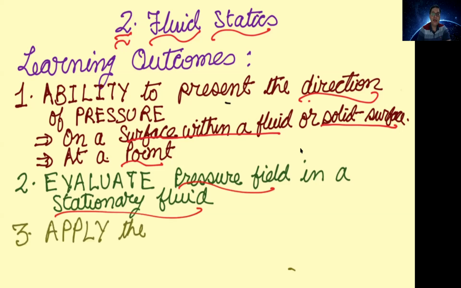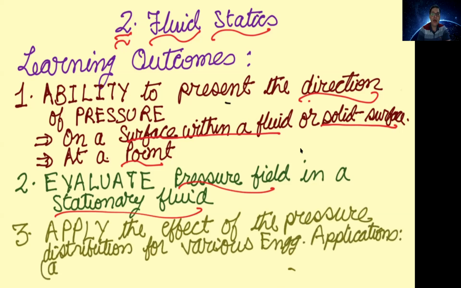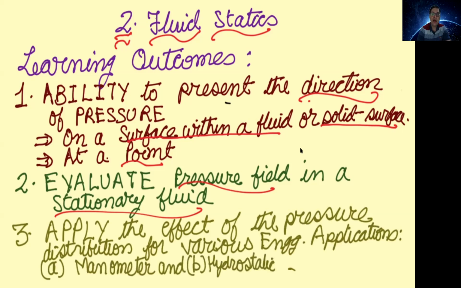The final learning outcome is that once you have evaluated the pressure field, as an engineer, you should be able to apply the effect of pressure distribution that is encountered in various engineering applications. Two such applications will be discussed here. First, a manometer, which is a pressure measuring device, and the second, hydrostatic force on a submerged surface.